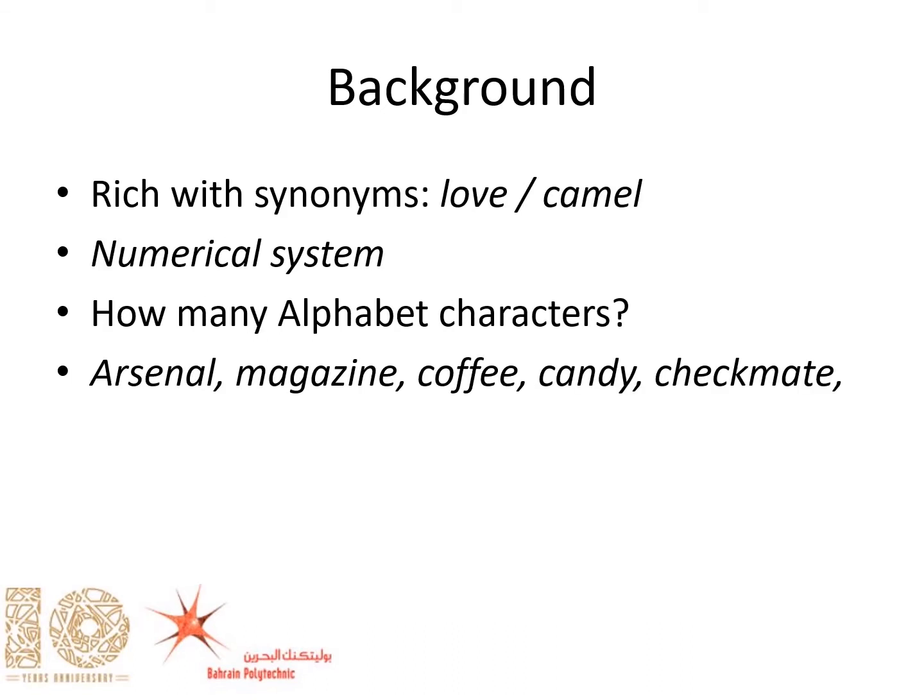First, we'll start with a little of background about the Arabic language. First of all, Arabic language is known to be very rich with synonyms. As an example here, the word love, we have a continuum of vocabulary items related to the word love, like hub, ishq, hiyam, from the low level to the highest level.